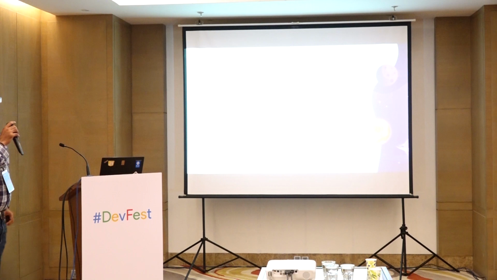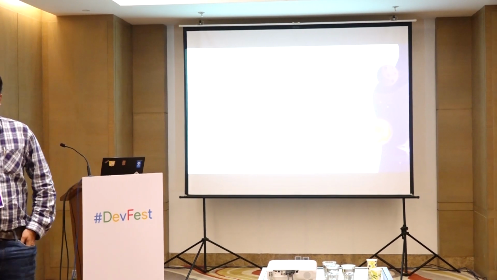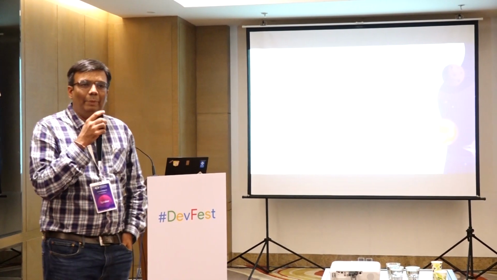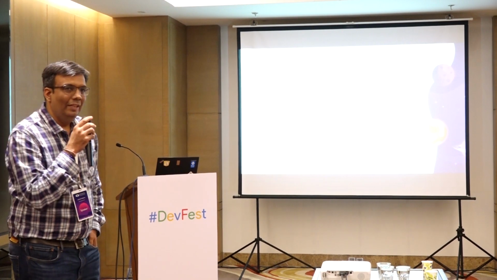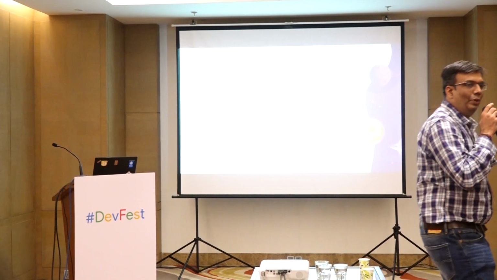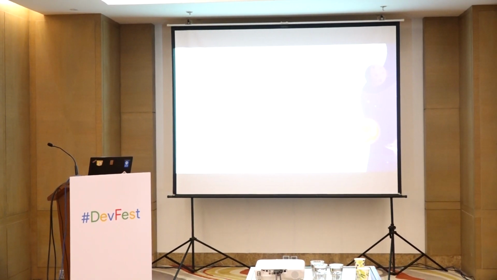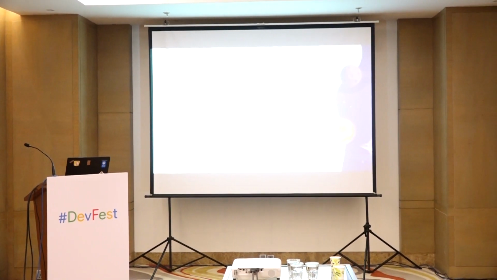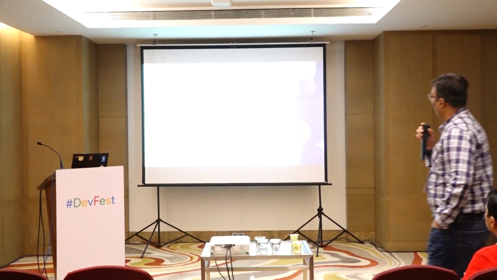So observable. Basically, observable is nothing new. It is your favorite stream. If you know streams, and you are all developers, so what is a stream? It can be any events, it can be any file, any data, any JSON.